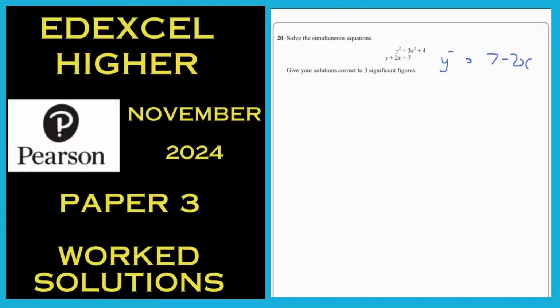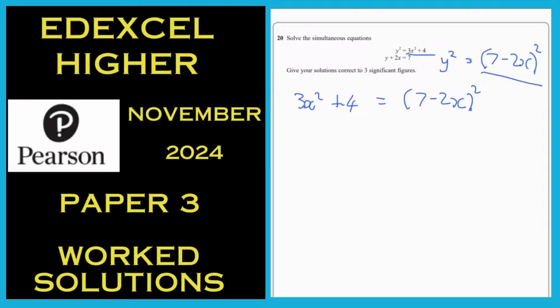But then if we square both sides, we get that. The top equation tells us y squared equals that bit. The bottom equation tells us y squared equals that bit. We can make the statement that these two bits, that's the 3x squared and the 4, is equal to the 7.